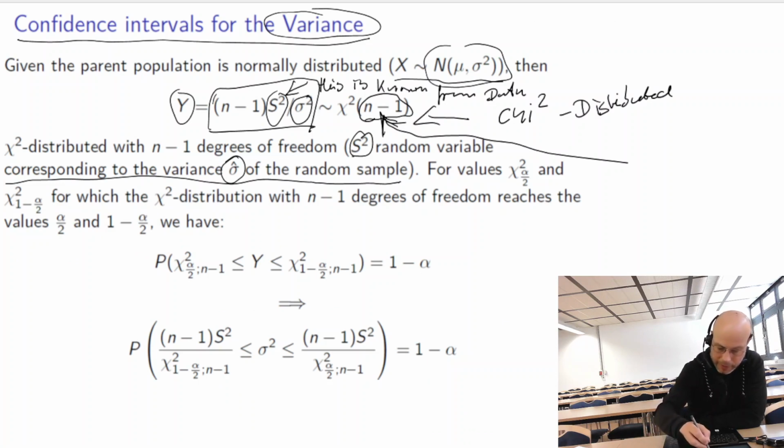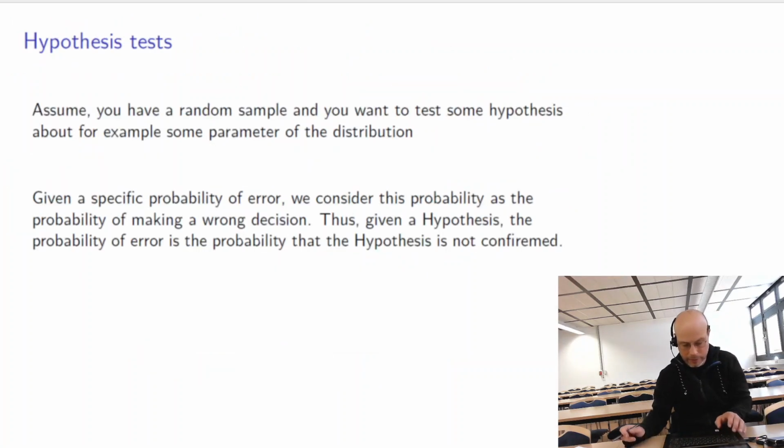We know that (n minus 1) s squared over sigma squared is chi-squared distributed. Let's write this down.